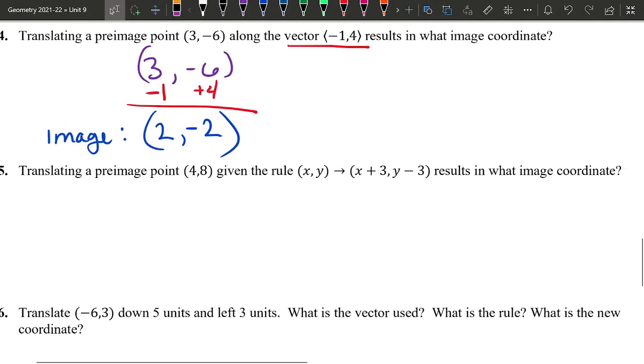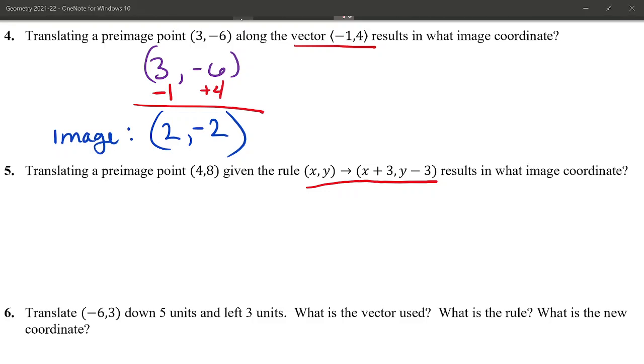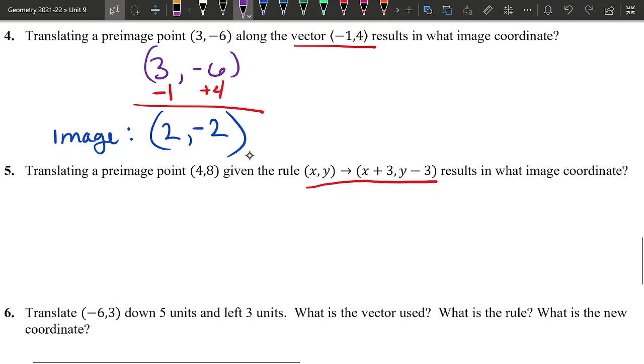We have another one, but this time it's a rule instead of a vector. Again, it's the same thing, really. This time we have it written as a rule, but it's the same type of question. You take the pre-image. So we have 4, 8. Apply the change, apply the translation.